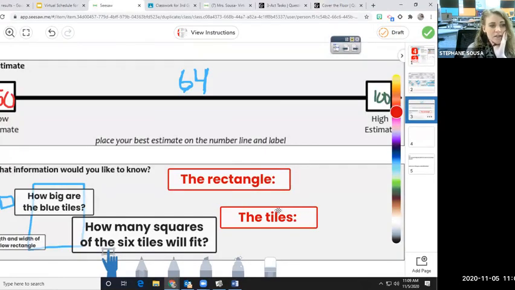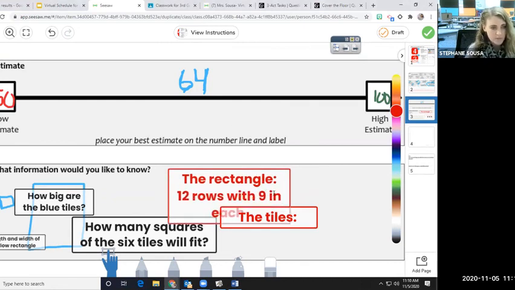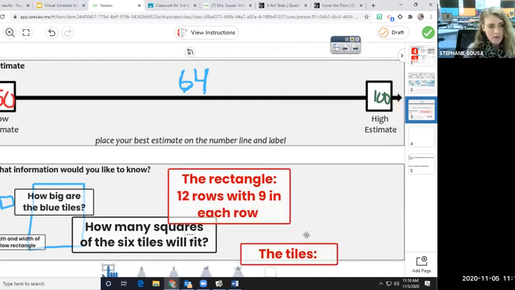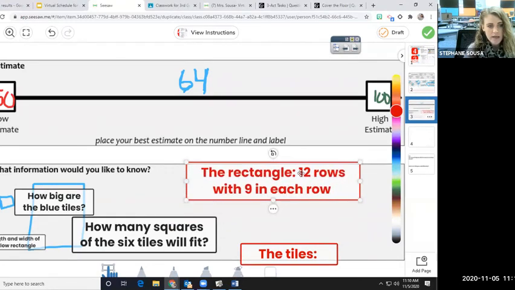So on our Seesaw, we are going to write that down. The rectangle, 12 rows with 9 in each row. That's what we need to know about the rectangle. That will fit 12 rows with 9 in each row.